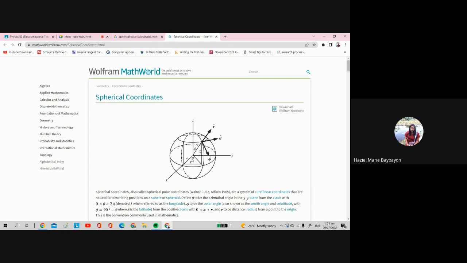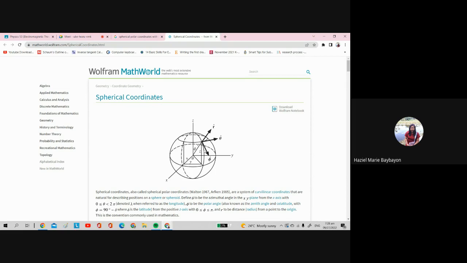And then theta hat is kung magbuhat ka pa ug circle nga moagi diri sa point P o sa z-axis, then tangent pud ana ang imo ang theta hat.